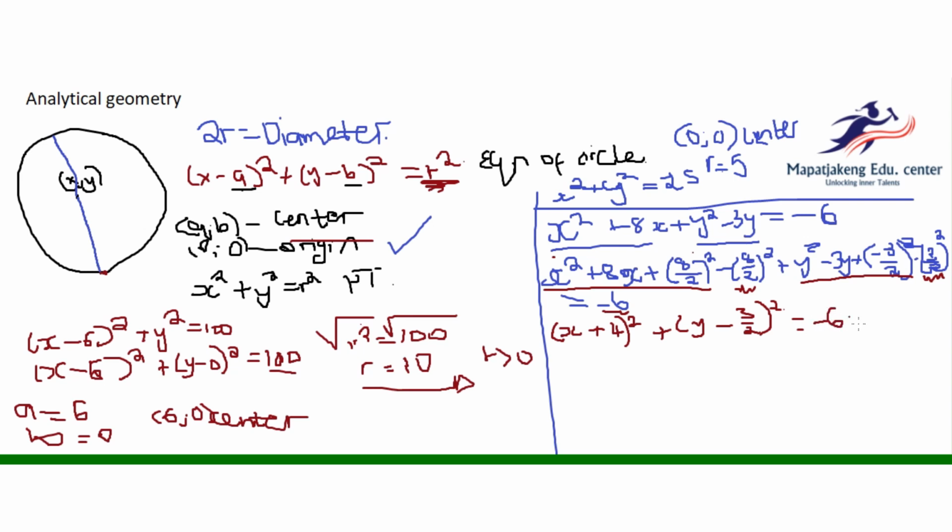This is negative. When it crosses the equal sign it becomes positive, and then this is 4 squared, which is going to be 16. This side as well, it's minus. When it crosses it becomes positive, then this becomes, no, it's 3 over 2, then it becomes 9 over 4.